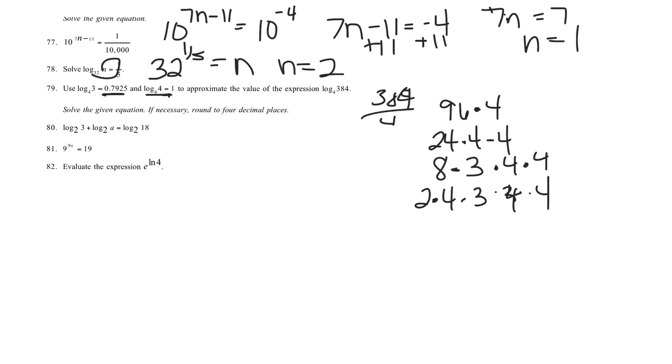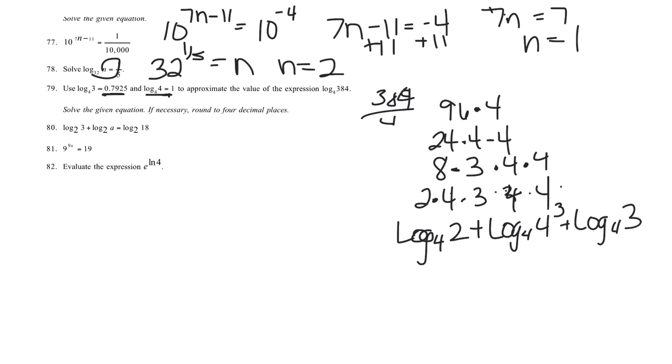So I get the log base 4 of 2 plus the log base 4 of 4 cubed, plus the log base 4 of 3. The log base 4 of 2 is 1/2, plus 1, plus 3.